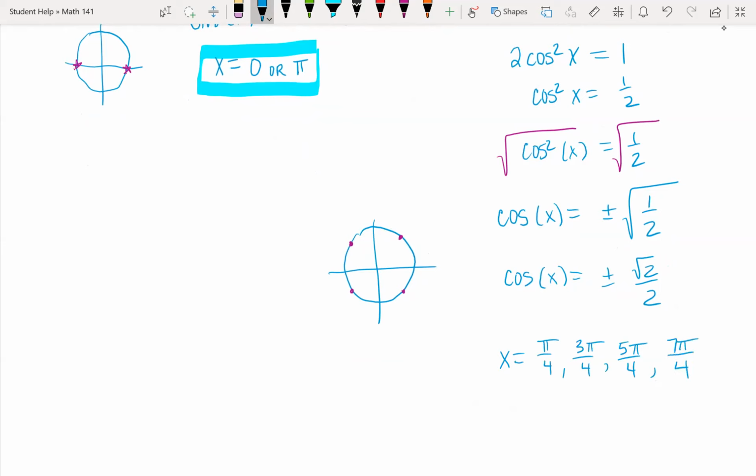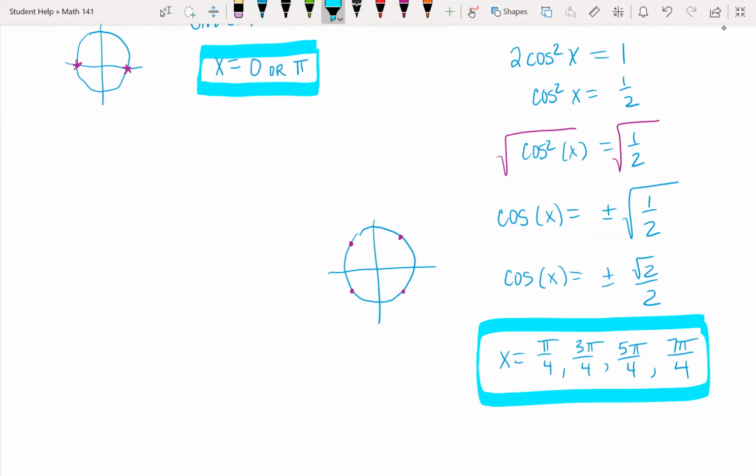They're all the quarter points. So putting those two things together, we get our solution set. So the solutions are going to be that, and then also this together. That's all of our solutions.